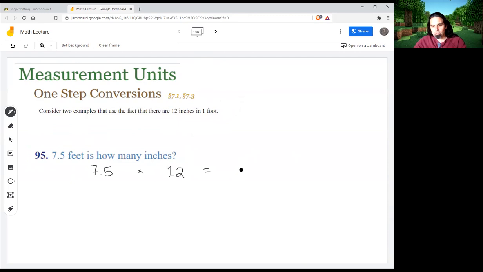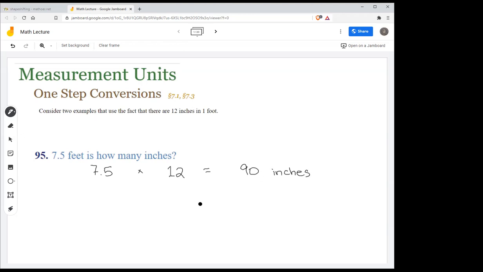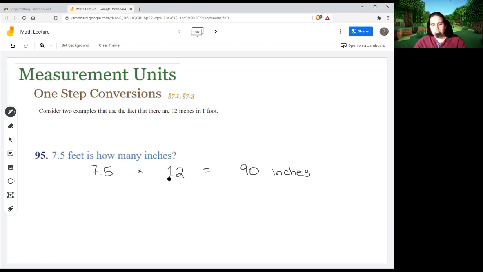And how did you know that multiplying was the right one? Because there's 12 inches in a foot, so there's more that goes into a foot, I guess. Yeah.